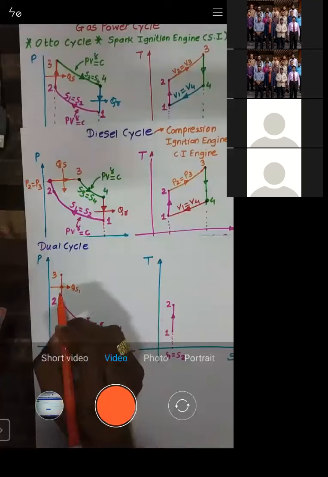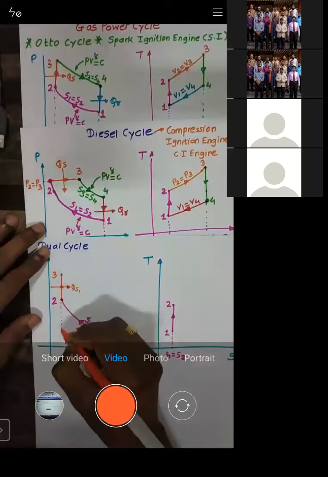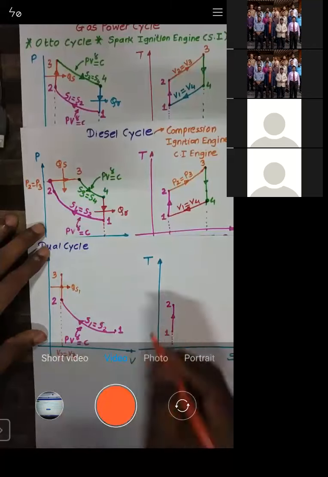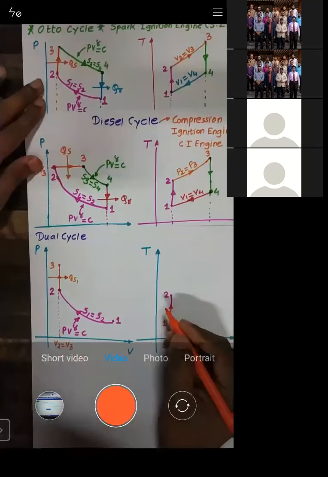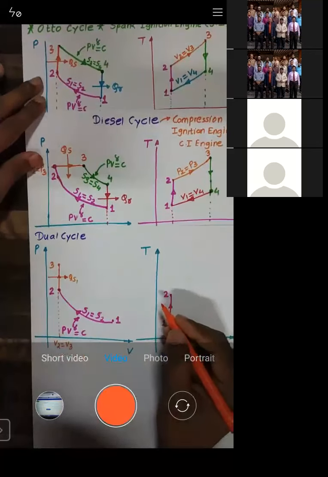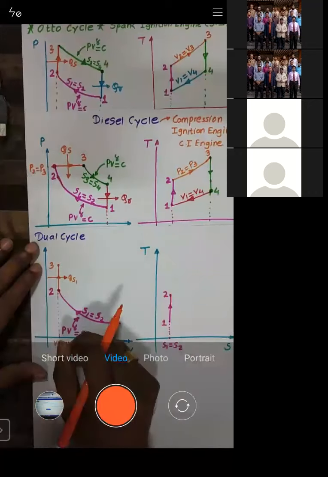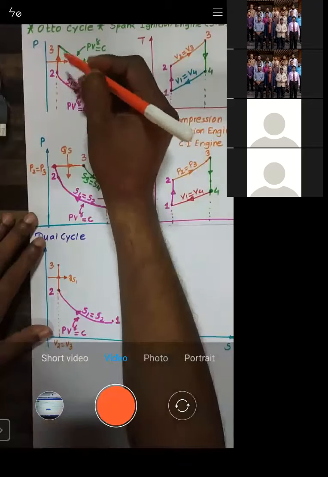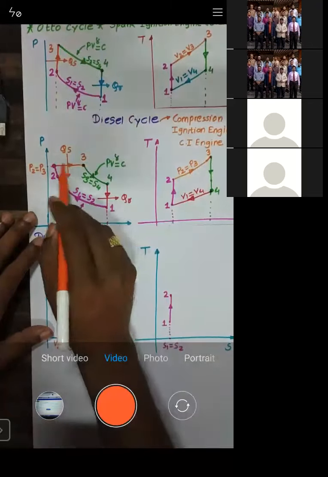During 2 to 3, by keeping the volume constant, the volume at point number 2 is equal to the volume at point number 3, right? So this is basically the process 2 to 3. This is done in the Otto cycle, where heat is added at a constant volume. Now in the diesel cycle, you can see heat is added at a constant pressure.